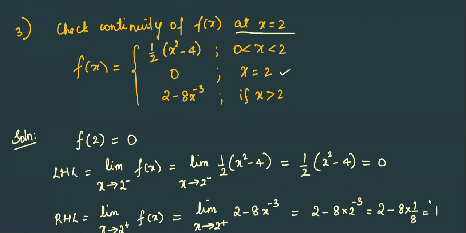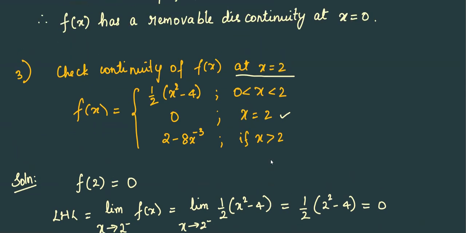Fractional values are also considered; the function value can be anything. Now, if this was 1 minus 8x to the power minus 3, then you will get the answer as 0. Then the function would have been continuous throughout.